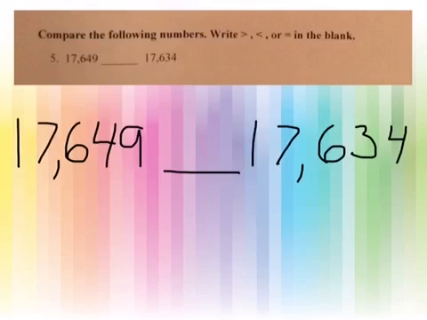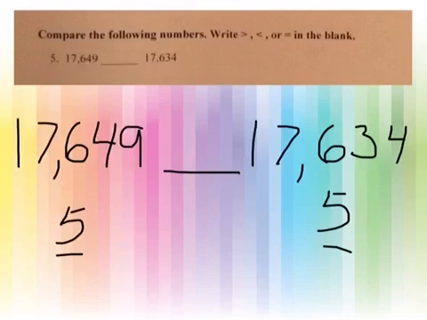Now the first thing that I want to do is count the digits in each of these just to make sure that I have the same number of digits. If I have more or less, that automatically makes that number more or less. I see in this one I have 1, 2, 3, 4, 5 digits. And in this one I have 1, 2, 3, 4, 5 digits. I can't tell which one is greater because they both have 5 digits.